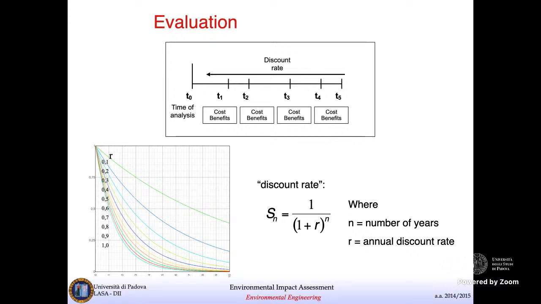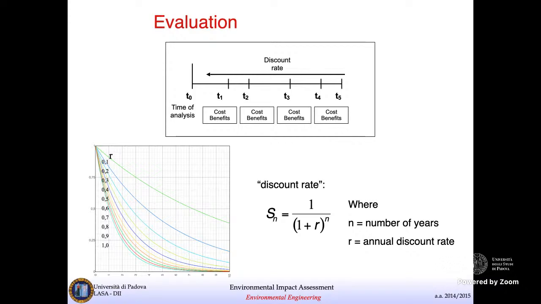The discount rate is an indicator that tells you how much the economy is influencing the values of prices, so how much money is devaluated in time.